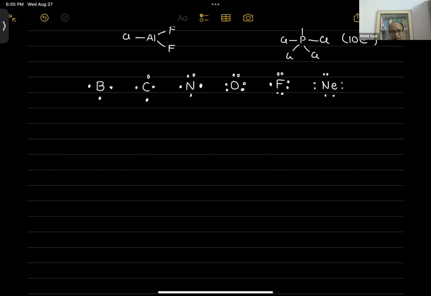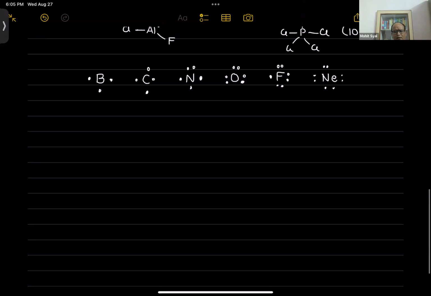Normally, to avoid confusion, electrons of one atom are represented by dots, and for clarity, you can represent the electrons of the other atom by crosses, or vice versa.